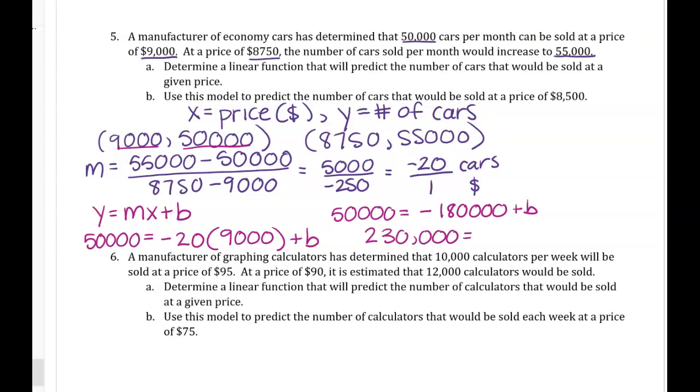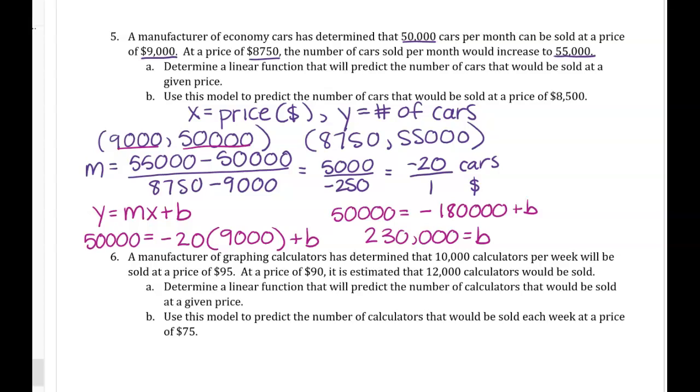B equals 230,000. So B is 230,000, and the y-intercept is, this is kind of weird, but basically if you made the cost $0, you could sell 230,000 cars, which is kind of odd, right?